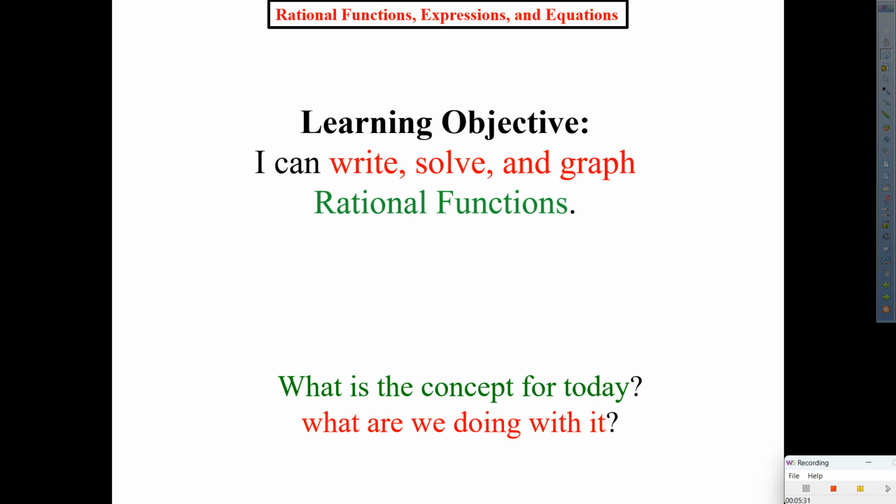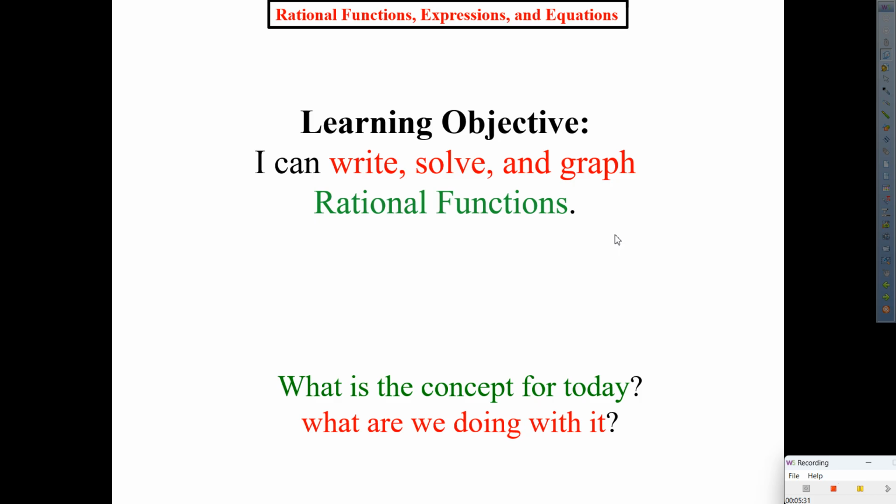Let's go with Joseph. Rational expressions, yes. And what are rational expressions? In your own words, what are rational expressions?